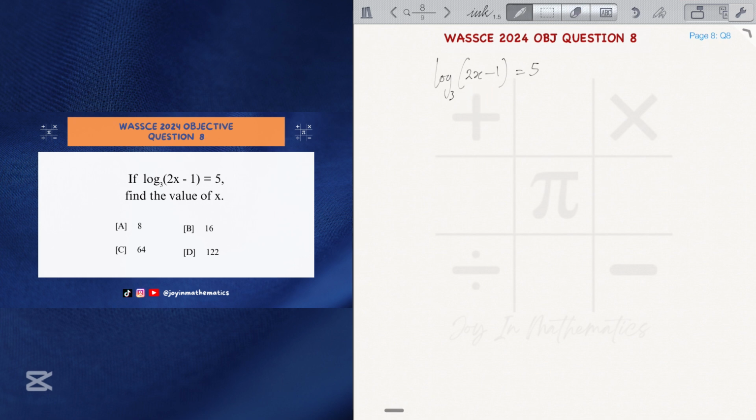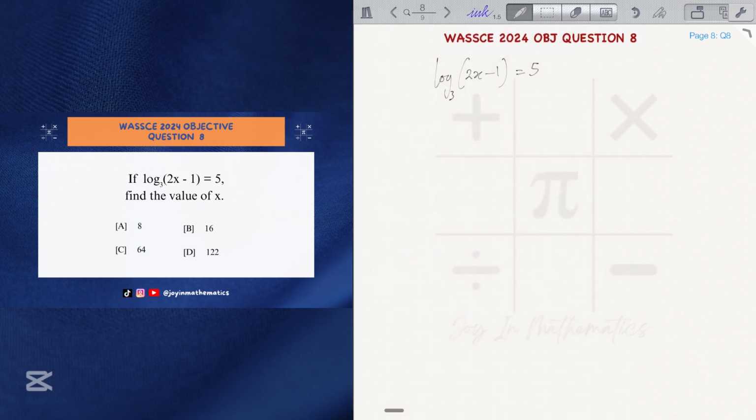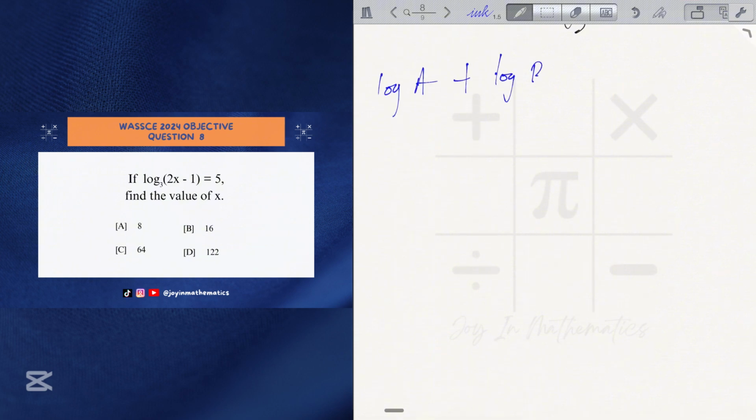In view of that, let's recall the laws of logarithm, which we also applied in question number 4, where we had to convert from logarithm form to index form. The rules of log: log a plus log b is equal to log ab, provided they have the same base c.